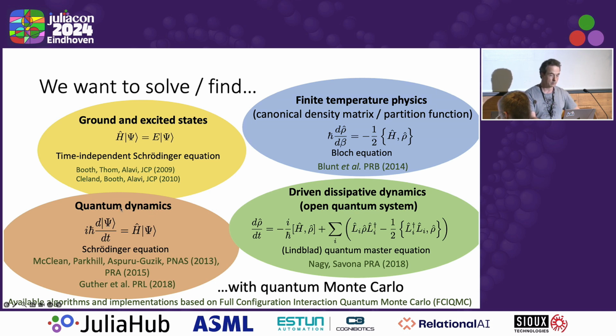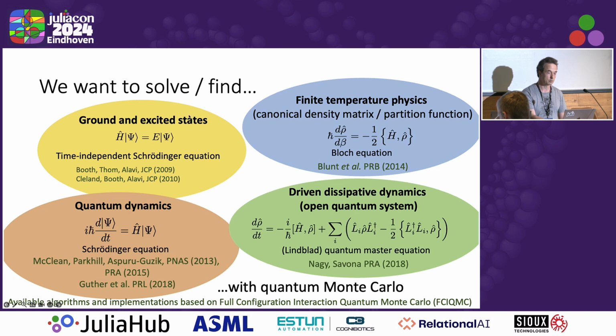There are a number of other problems that we're actually also interested in, which is quantum dynamics, finite temperature physics, open quantum systems, and the references here all point to papers that have demonstrated that this can be done with the method, full configuration interaction quantum Monte Carlo, the flavor of Projector quantum Monte Carlo that we're implementing, but they're not available in a single code.